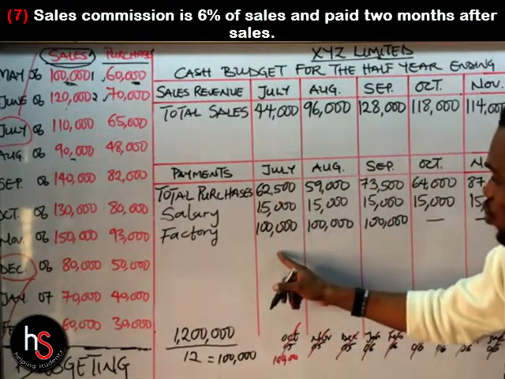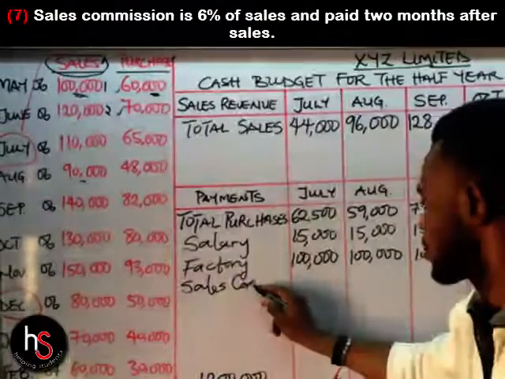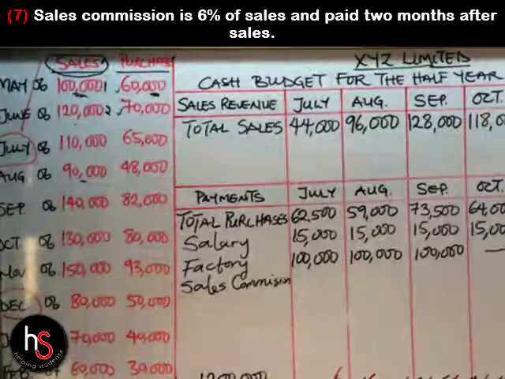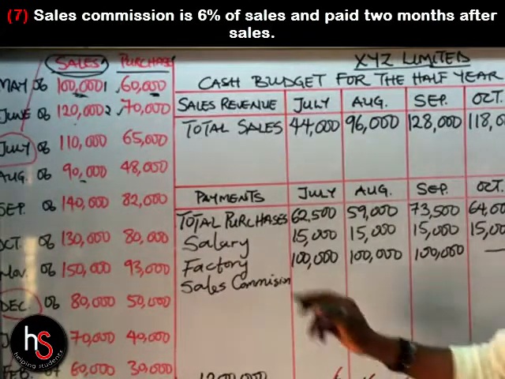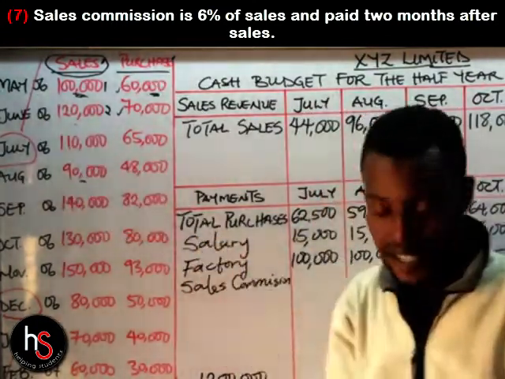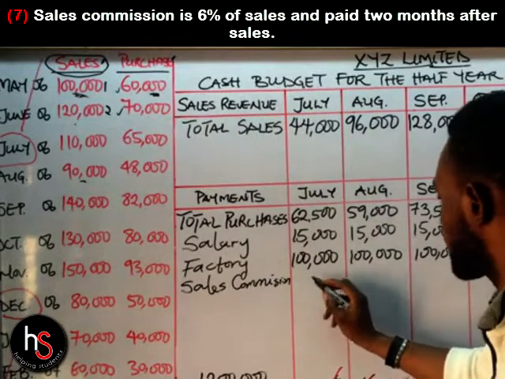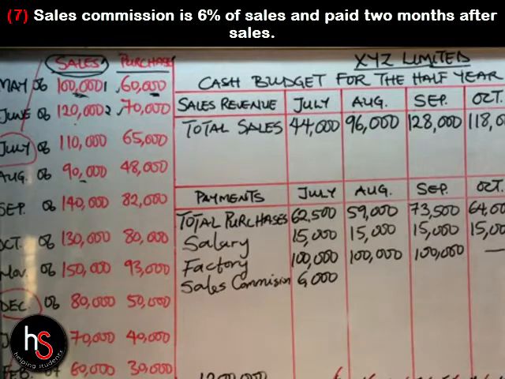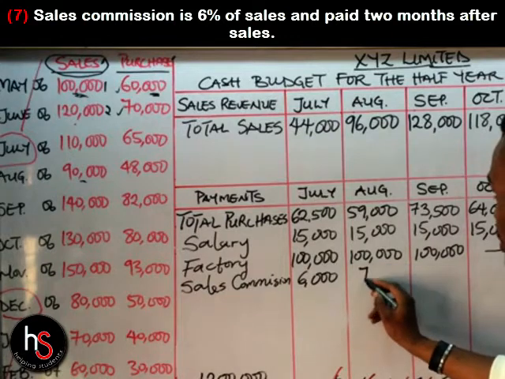For July, which we have here, we have the sales commission. In July, we are going to have the 6% of the sales in June. So 6% of 100,000 is 6,000, and it's going to be recorded in July. 6% of June, the next month, we're going to have 7,200.